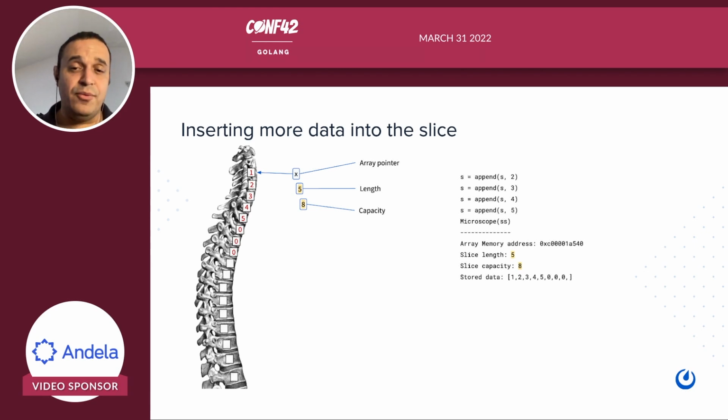That means that I reserve memory for 8 elements, but in this case I'm only using 5 of them. So the stored data in memory is 1, 2, 3, 4, 5, 0, 0, 0, because I have 8 positions in memory, space for 8 integers.